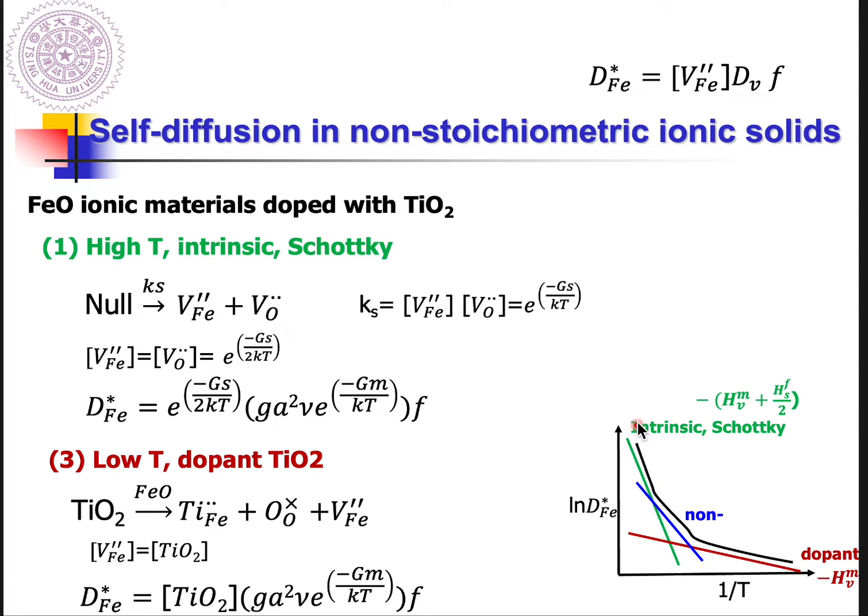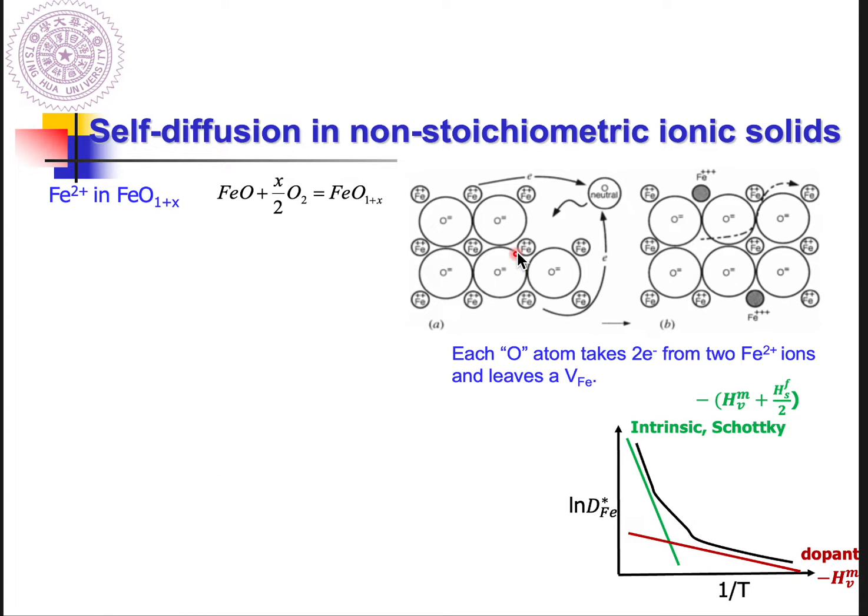However, in this case, we also observe a region that can be fitted to a third straight line. We call it the non-stoichiometry effect. This effect is due to the material we are talking about being iron oxide with 2 positive charge.